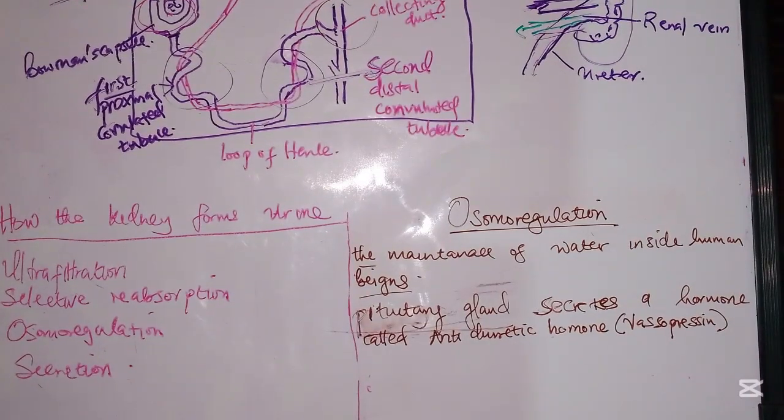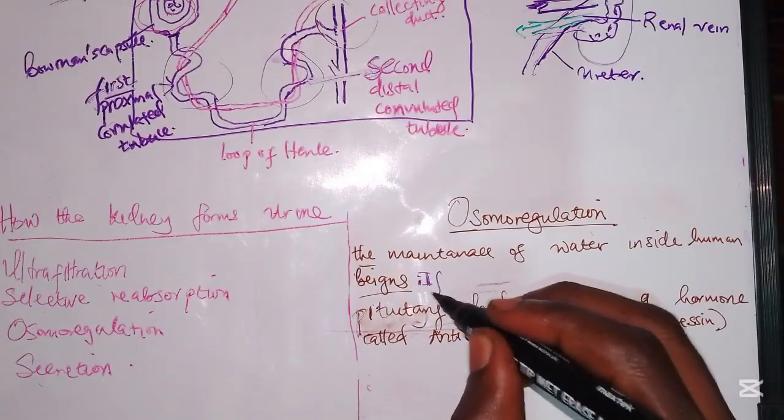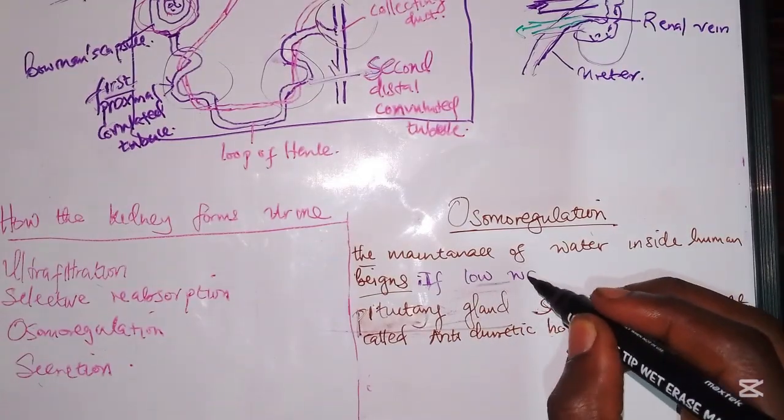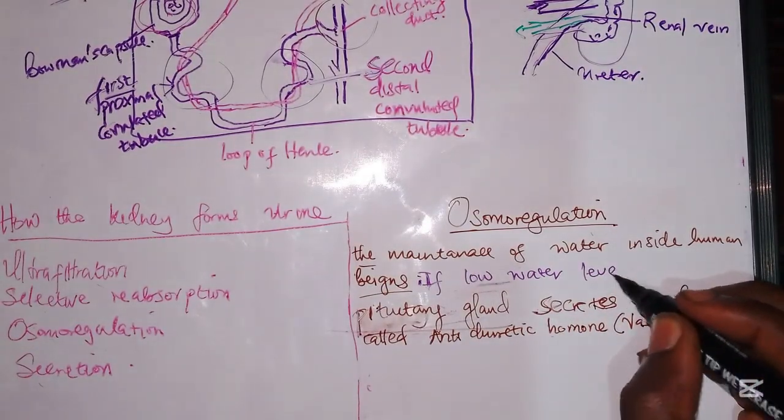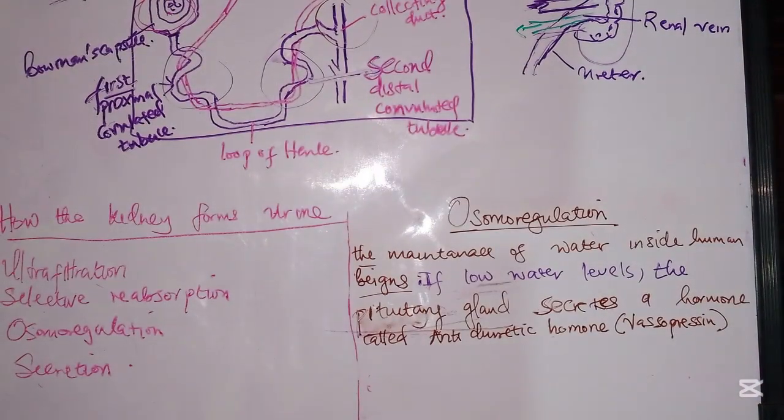So we said that if we have what? Low water levels, the pituitary gland does what? Secretes a hormone called antidiuretic hormone, and this hormone now acts on the collecting duct. So what it does to the collecting duct, it allows now water to be reabsorbed back into the blood vessels.